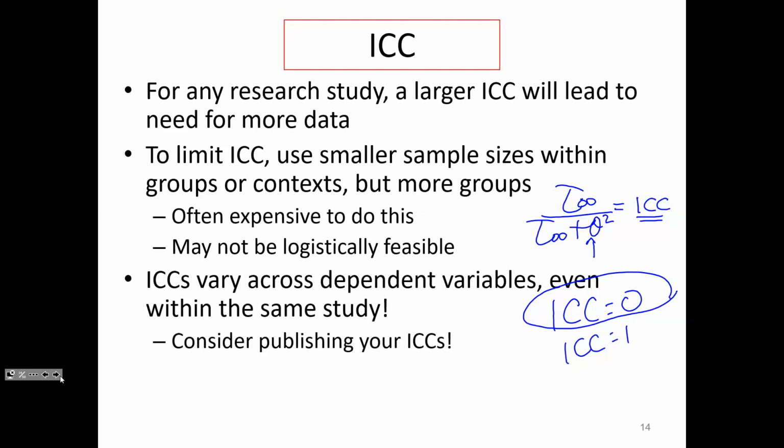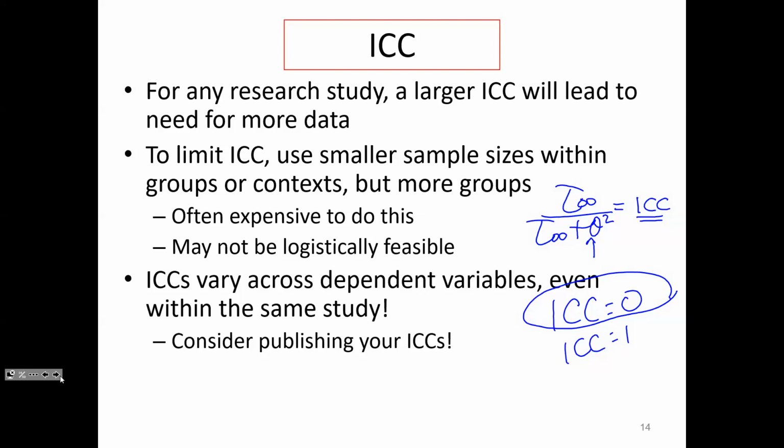But if I want to limit the effect of the ICC, I can have smaller samples and more groups, right? If I have a lot of groups and each has a very small sample size, then the effect of the ICC in terms of the N effective is going to be much smaller, because I have small numbers of people within groups.